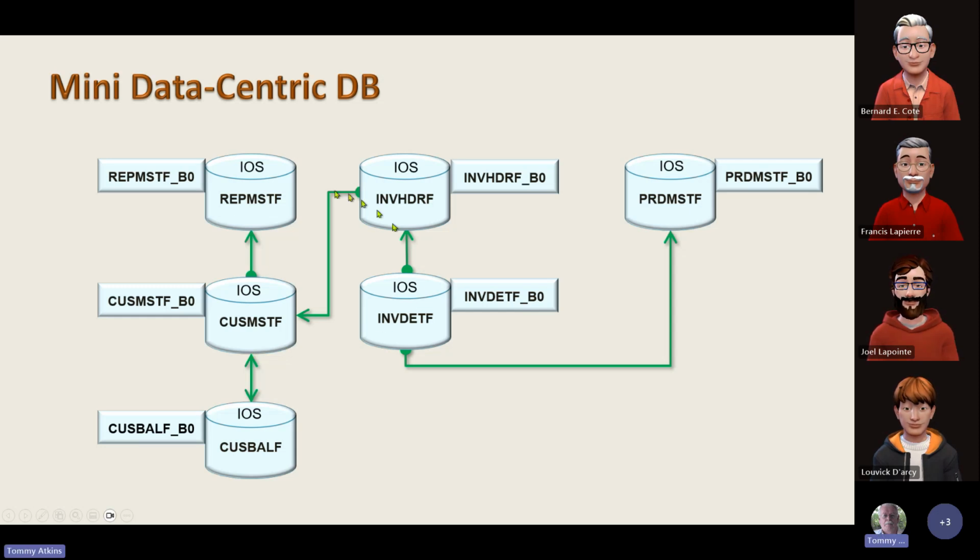In this particular database, the rule simply says I will allow a deletion of a customer record if there are no outstanding invoices for that customer, and an outstanding invoice would appear in the customer balances file. So the customer balance has to be 0 before I will allow a delete of a customer master.